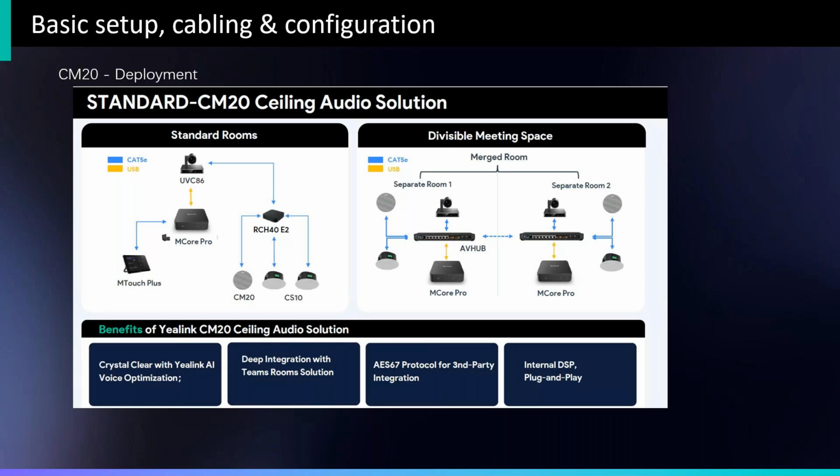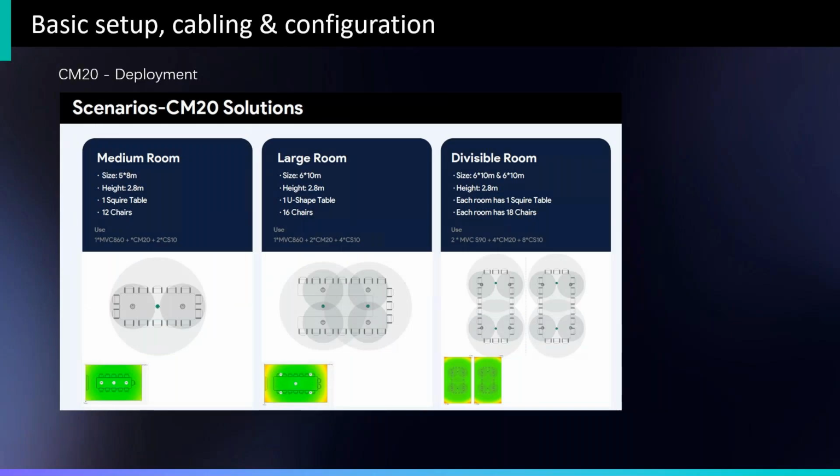With a further update, there should come the opening of those solutions to up to 8 speakers in such a deployment, but that's pending an upcoming firmware update. We see here certain scenarios that we can have, like the medium, large divisible room using the CM20 and the CS10.